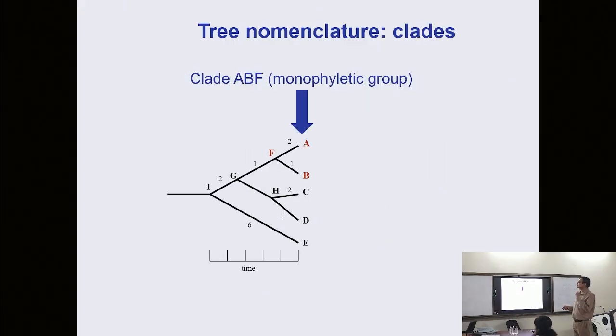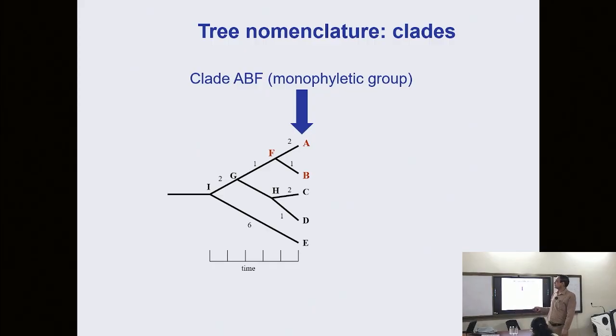Okay, clade. So these are definitions of the features of a phylogenetic tree. So what is a clade? A clade is a group of organisms that have descended from a common ancestor, including the common ancestor also. So if you include common ancestor F, then their descendants are A and B. Okay. And the clade is ABF.